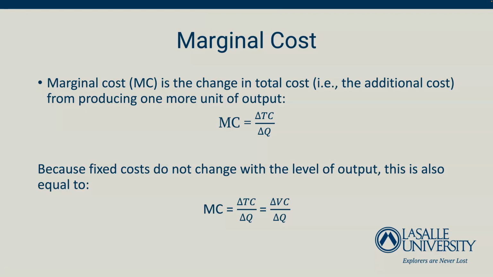And since fixed costs are not changing with the level of output, they are fixed after all, this is also equal to the change in variable costs given a change in output. And so here we see that marginal cost is really driven by changes in variable costs. For this, fixed costs are not changing.